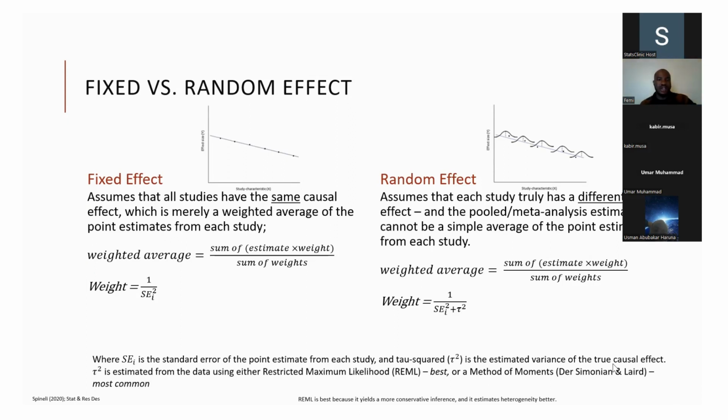While the fixed effect assumes that all the studies have the same causal effect, the random effect does the opposite, and assumes that all of the studies have different causal effects. So a random effect meta-analysis cannot just be you putting together the average of the point estimate from the studies, compared to how you do it on the fixed effect. No. As we go on, when we do the actual thing, you will see how this figure changes, and you'll probably appreciate it better when we do that.